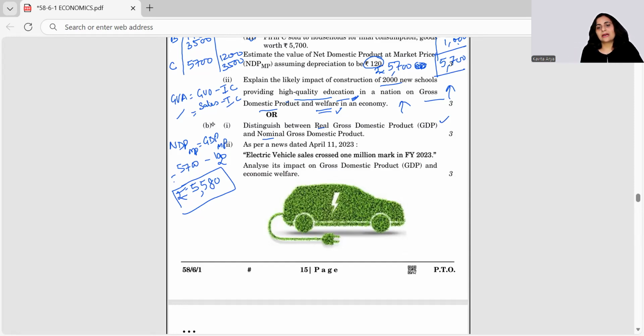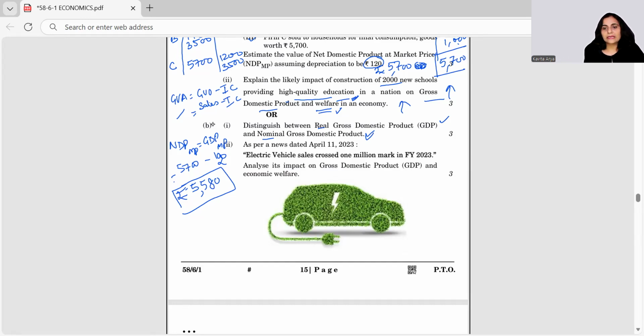Nominal GDP is an eyewash, so it is not really a dependable measure to check the GDP of any nation. You can give the formula that conversion is done by use of the GDP deflator: nominal income divided by real income into 100. Or you can find nominal GDP from real GDP through this formula, or real GDP from nominal GDP through this formula.